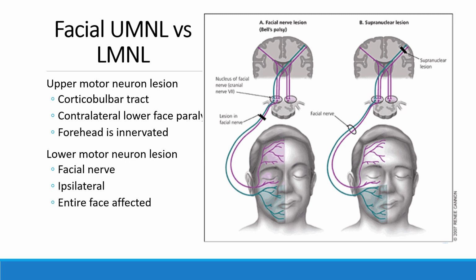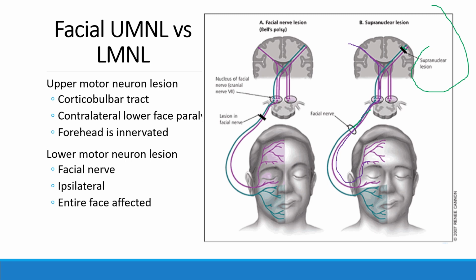If you look at this area right here, a supranuclear lesion, so stroke, happens here and knocks this out. We're going to see this crossover here, and then we can see that this is eyebrow sparing. This purple one here, you can see some same-side fibers. This guy's still innervating here. So eyebrow sparing: can they still lift their eyebrows?